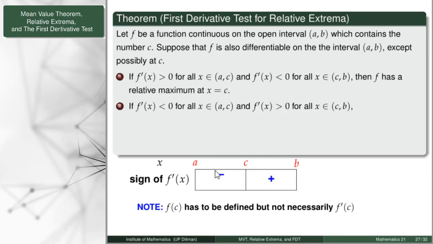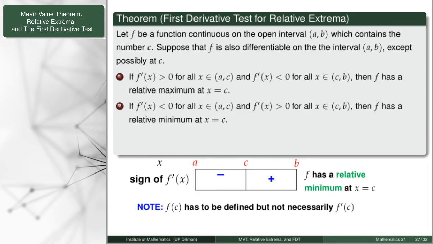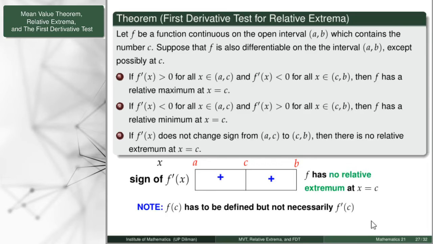Similarly, if you have a negative derivative from a to c and the derivative is positive from c to b, it means you decreased first and then increased later. This means that you have a relative minimum. And if the sign does not change from a to c to b, then that means you have no relative extremum.